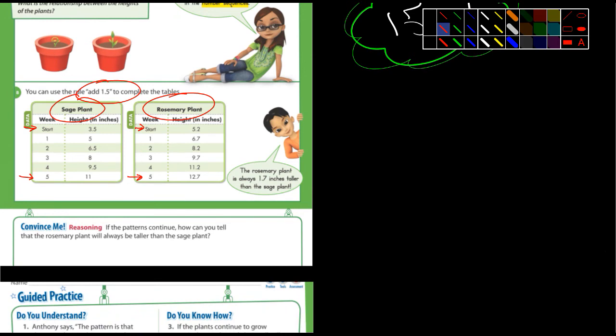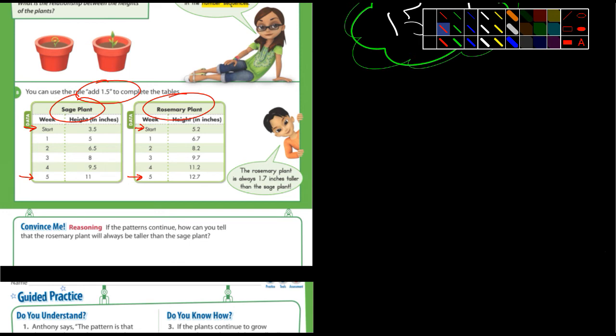Down at the convince me, it says, if the patterns continue, how can you tell that the rosemary plant will always be taller than the sage plant? Well, you can phrase that in several different ways. Gosh, how could you say that?